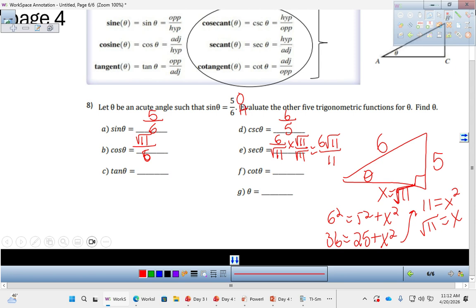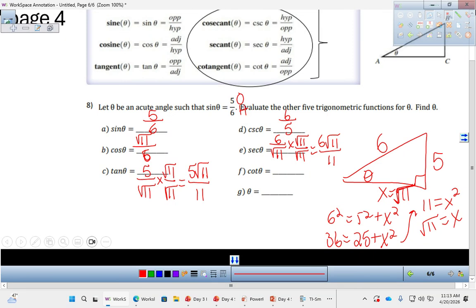The tangent is the opposite side length, which is 5, divided by the adjacent side length, which is root 11. But there's a root in the bottom, so I'm going to rationalize that. Root 11 times root 11 is root 121, which is just 11. Now, if I want to take the reciprocal of that, use common sense, okay?